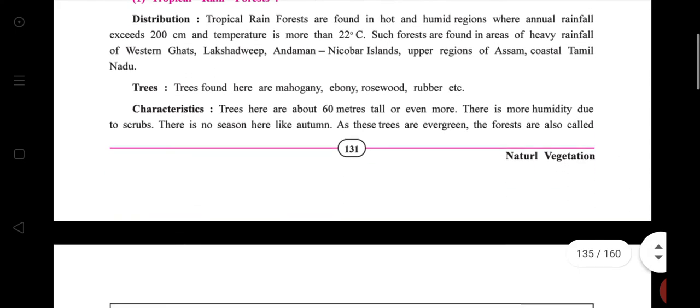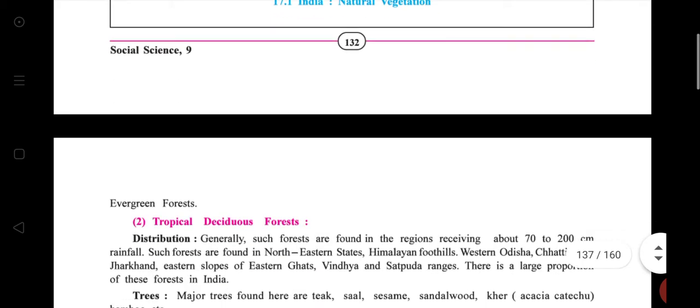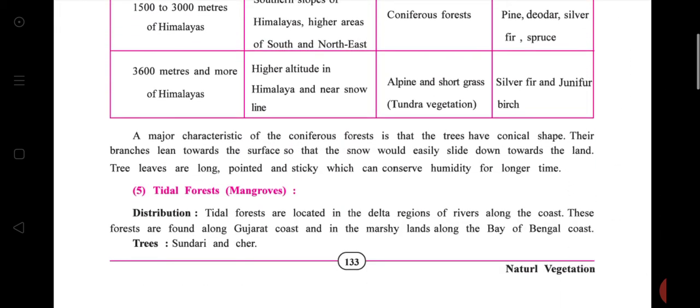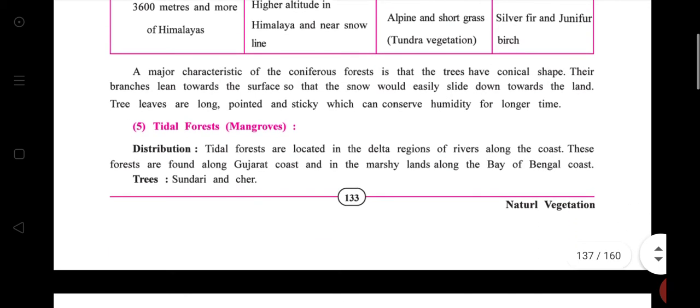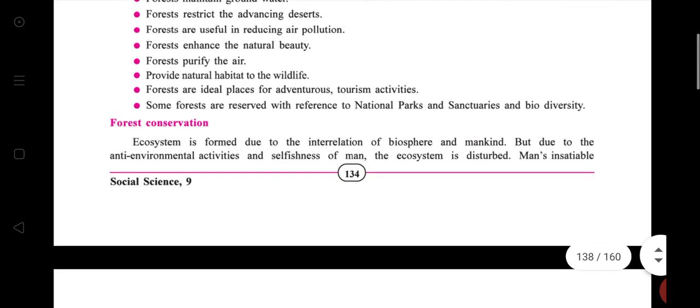Then rain, forest, types of forest, then usefulness of forest products, then how to preserve and conserve the forest, then remedies, then utility, then environmental importance, then important days, right?